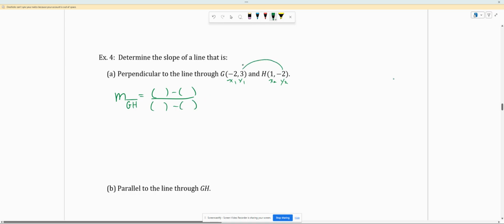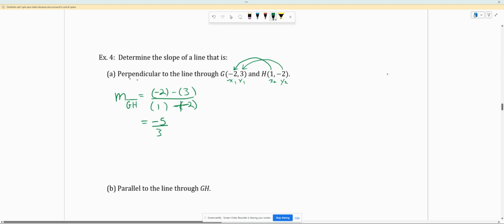And so we have -2 subtract the 3. And we have 1 subtract the -2. And let's simplify that. So -2 minus 3 is -5, and 1 minus -2, remember that's a giant plus, so that's positive. 1 plus 2 is 3.